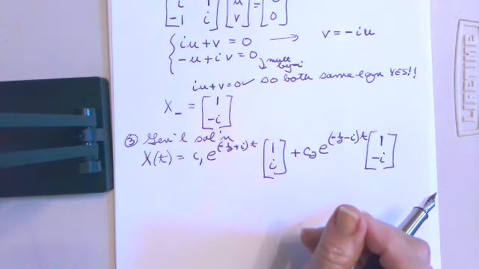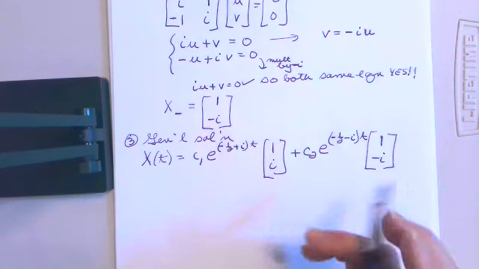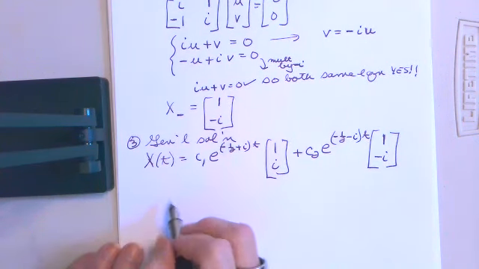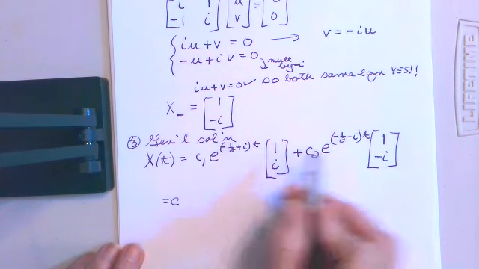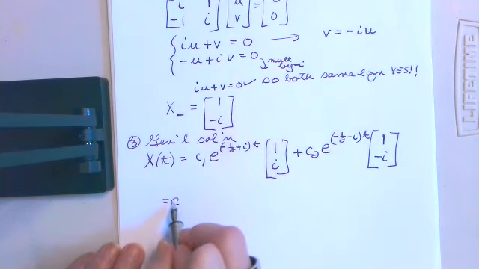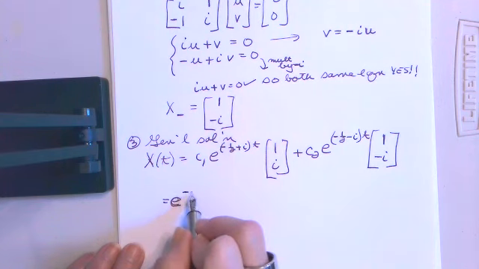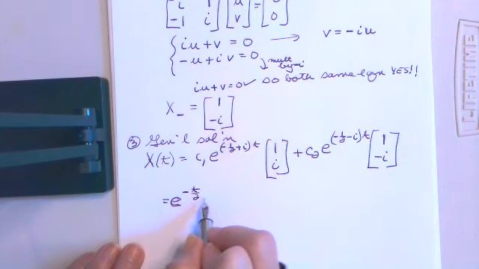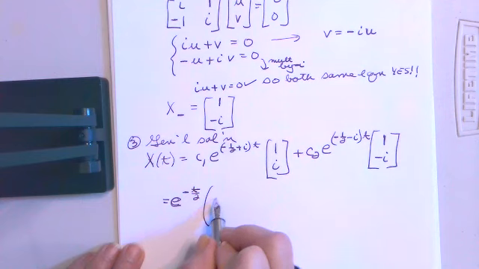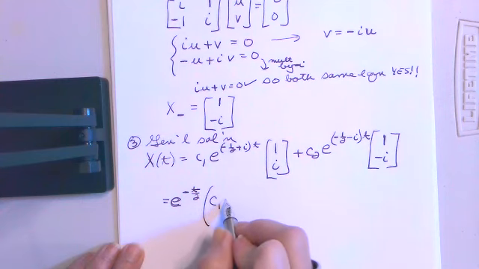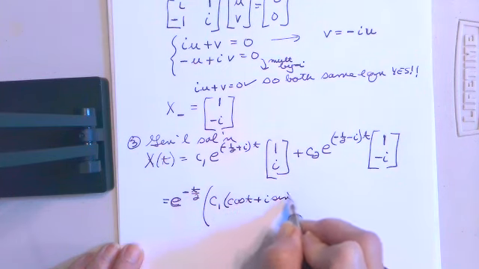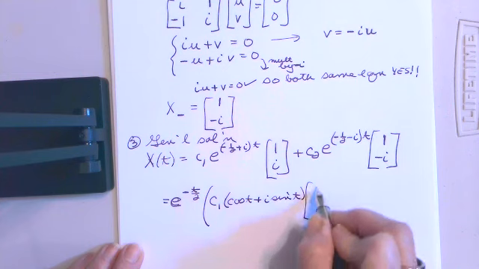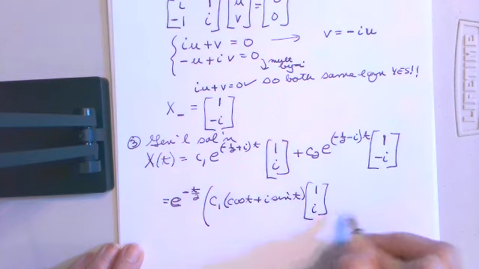All right. So notice that there's an e to the minus t over 2 in both of these. So this is e to the minus t over 2 times C1 e to the I t, which is cosine t plus I sine t, times the eigenvector, this.